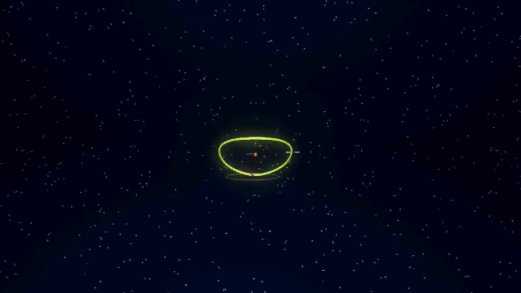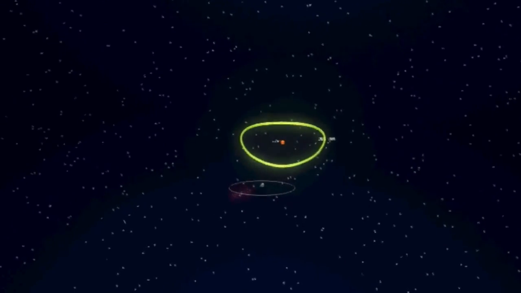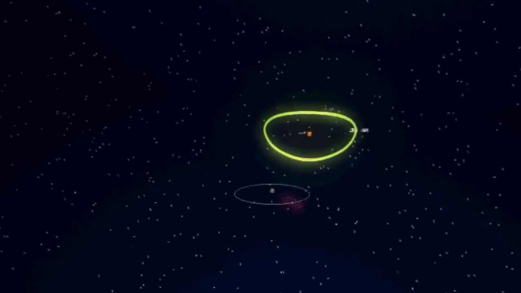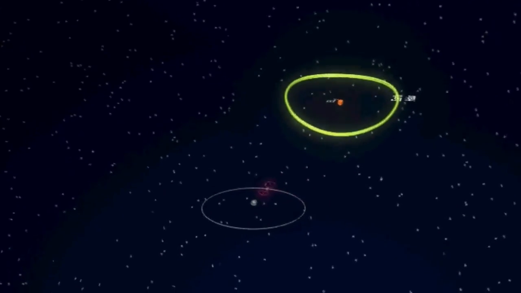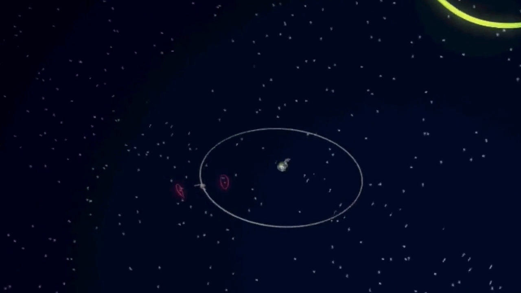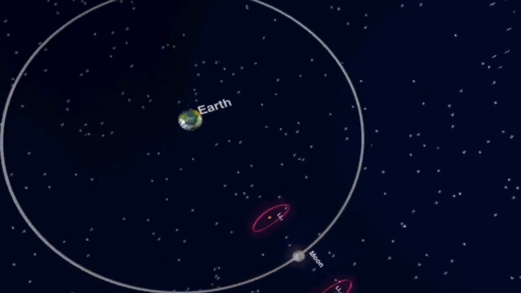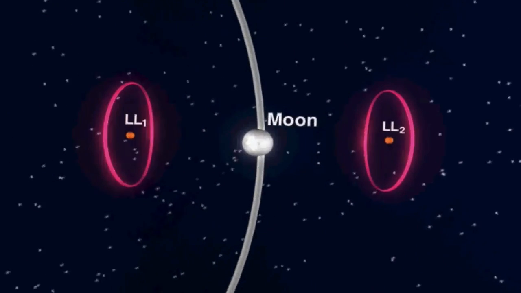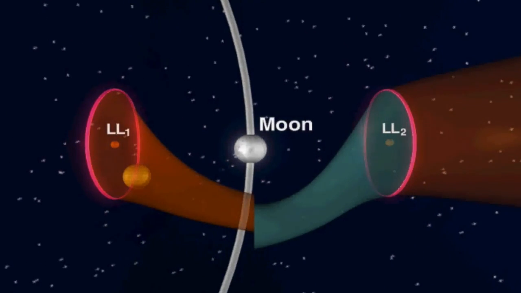So this is just an artist rendering to give you an idea. It's not a real calculation. But we're showing the Sun-Earth L2, and here's the Sun-Earth L2 halo orbit. And then there's the Earth, there's the moon, and then we've got the Earth L1 and Earth L2 and some halo orbits around there. And this has stable and unstable manifolds.